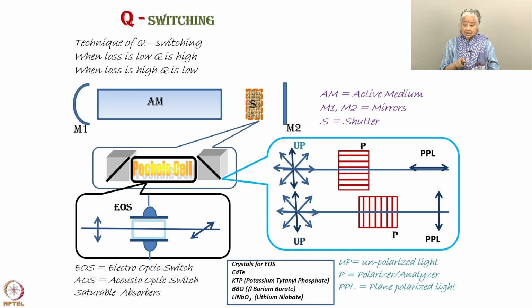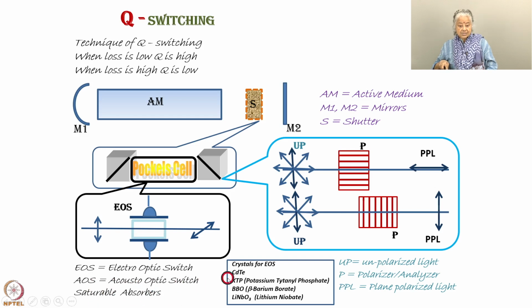Now, these shutters can be either an electro-optic switch, or an acousto-optic switch, or a saturable absorber. There are these three types of switches. During the course of the next few lectures, I will describe what an acousto-optic switch is and what a saturable absorber is.